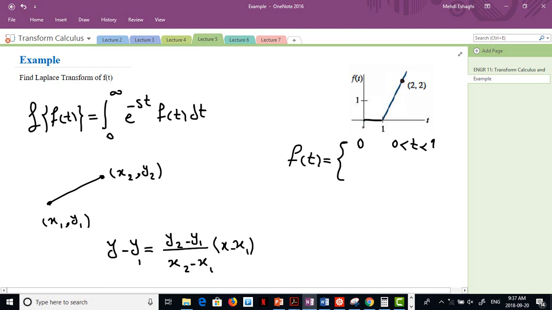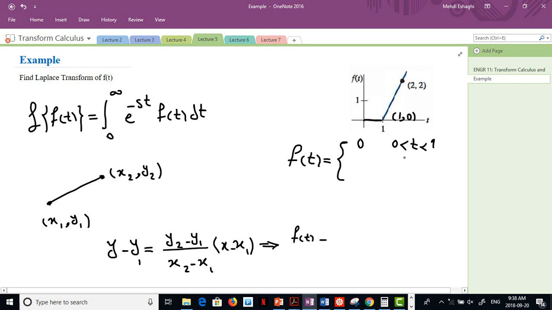So in this case, we have one point which is (1, 0), and we have one point which is (2, 2).